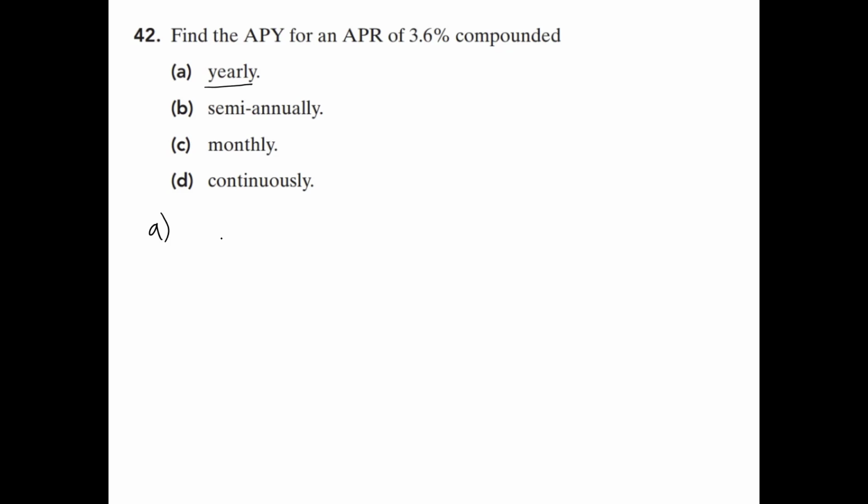Your future value will be P times 1 plus R raised to the T. But your T is 1. So you want to see what happens to your value after 1 year. So your future value is going to be 1.036 times P.